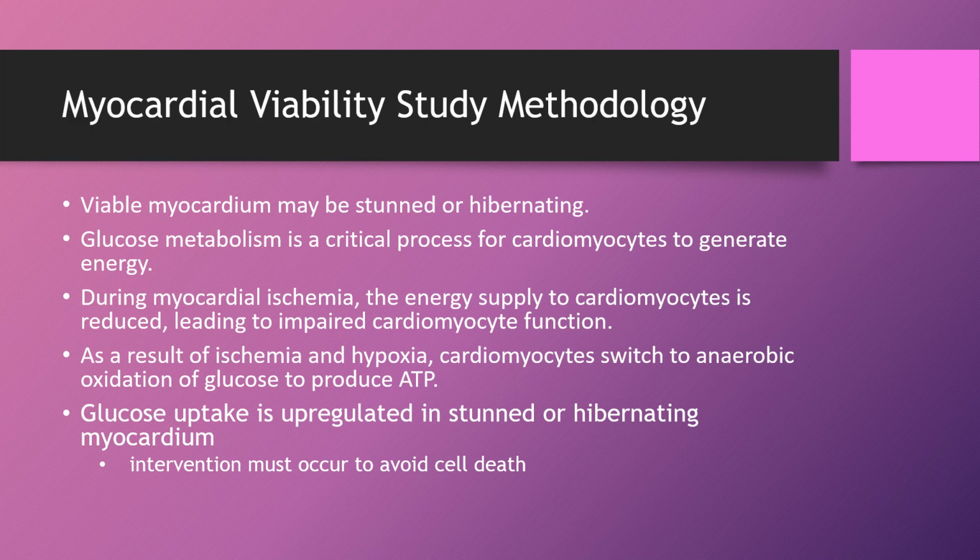And then as a result of ischemia and hypoxia, cardiomyocytes switch to anaerobic oxidation of glucose to produce ATP. So the cells stop taking up the fatty acids and start taking up glucose instead. And it's a way of them having that quick, fast energy fix.